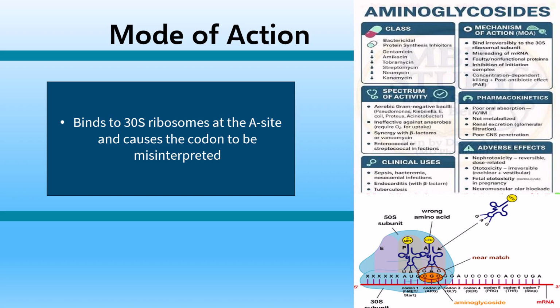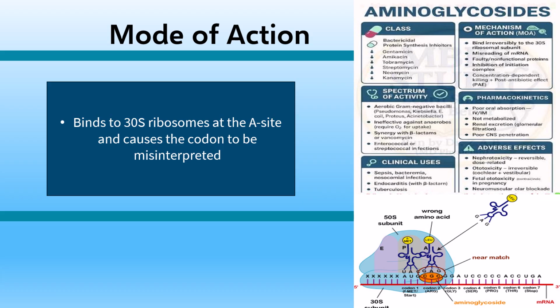The mode of action for gentamicin is it binds to the 30S ribosome at the A site. So when it does that, it causes the ribosome to misread and misinterpret the codon. So when it misinterprets the codon, it will send in the wrong amino acid.